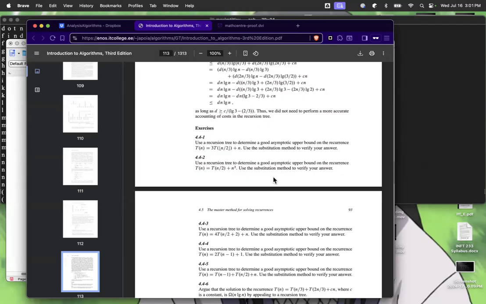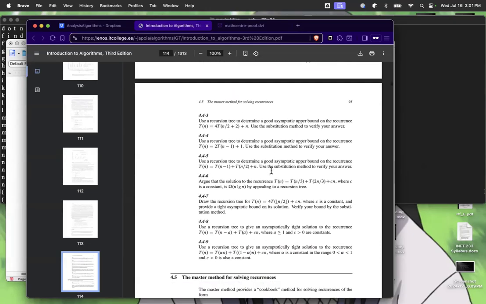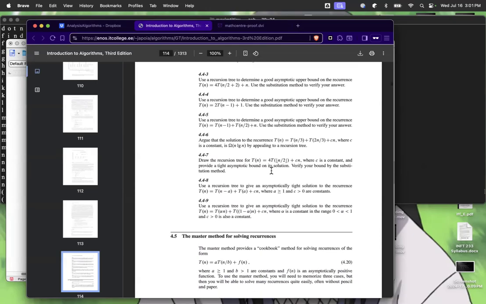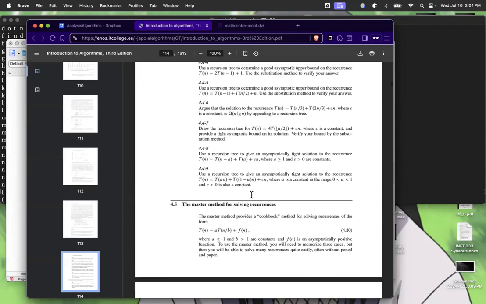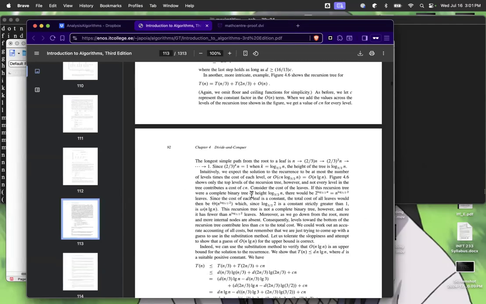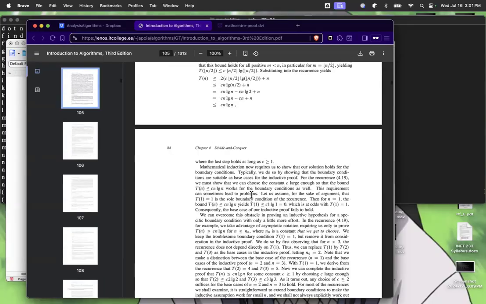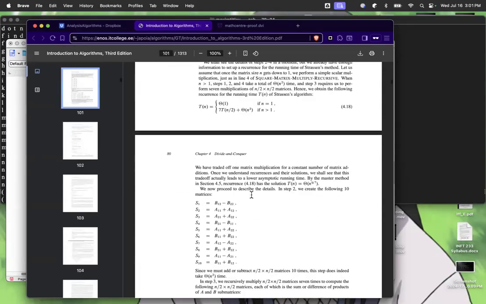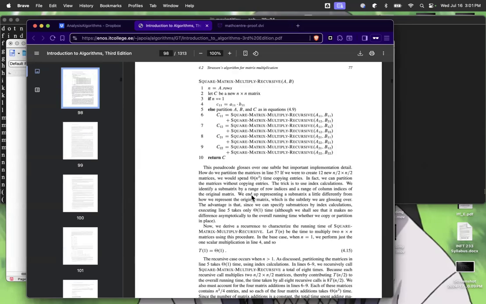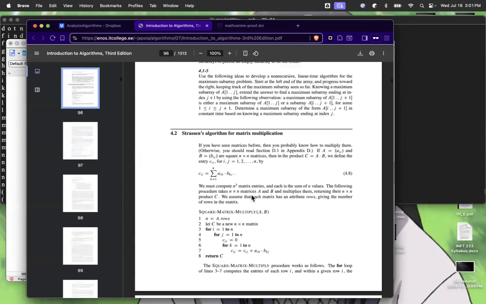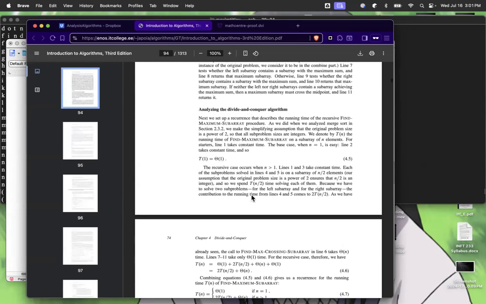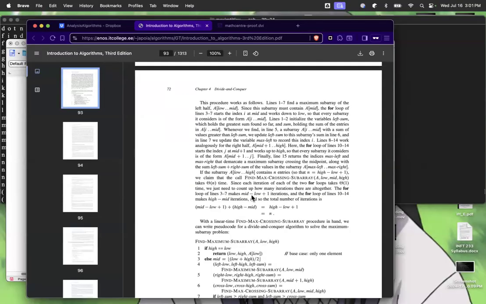Some of these would be a bit easier. Verify your bound by the substitution method. So let's just take a closer look at the substitution method. And after that, we'll just call it a day, I suppose.